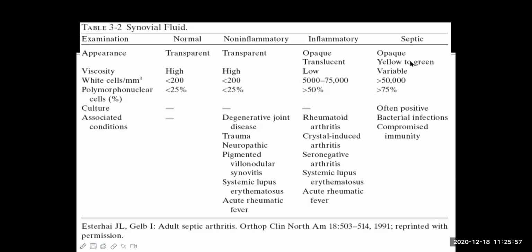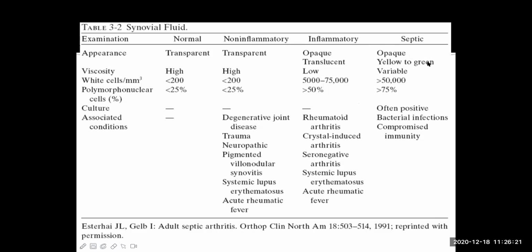Whereas our topic for today is septic arthritis, and these are the finding here. Appearance is opaque or frank pus. Viscosity is variable. In the beginning, it may be thinner because of the exudate. Later on, it may be thick pus. White cell count more than 50,000, and polymorphonuclear cell more than 75%.